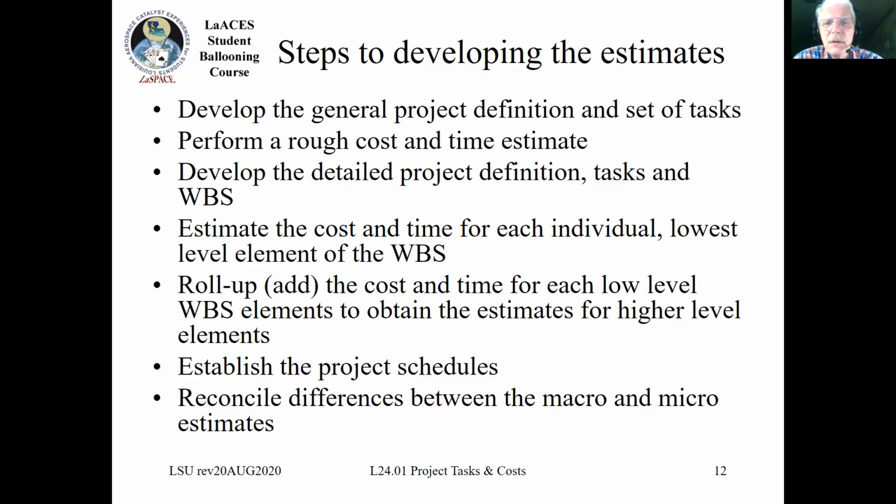Roll that up and then compare that to your initial estimate. At that point, you should be able to reconcile any differences between your initial overall rough cost and time estimate and your roll up on that. If they are close to each other, then you're probably pretty good. If they're really far apart, you better understand what those differences are from.